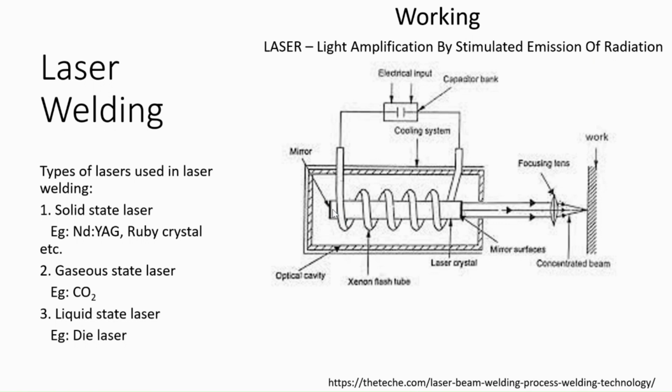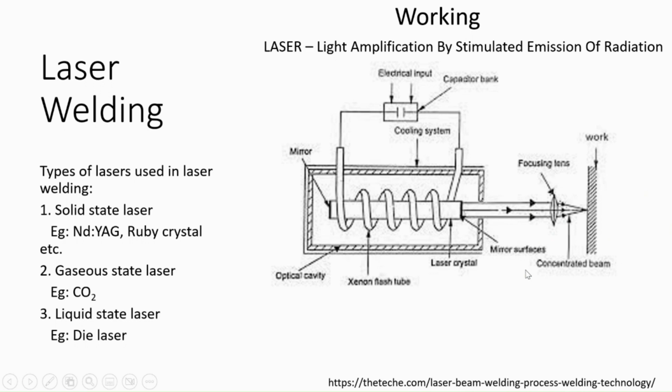There are a lot of videos on these things, so you can learn more about the laser. That laser light comes out as parallel rays through a hole here, and is focused onto our workpiece. The kinetic energy of these photons is converted to heat energy, and that point is melted, and you can weld that area.